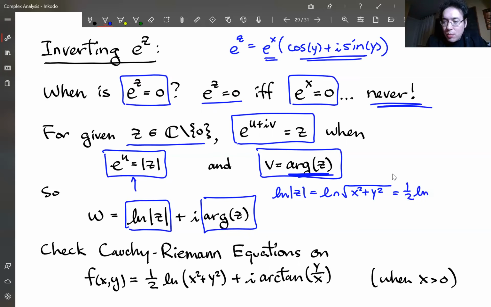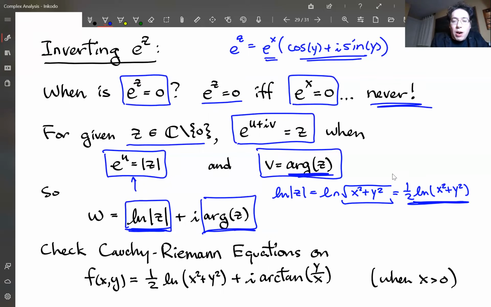So you could write it this way. This is a little bit easier to take the derivative of than dealing with the square root inside of the natural log function.